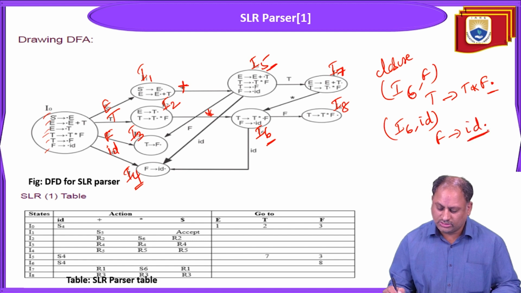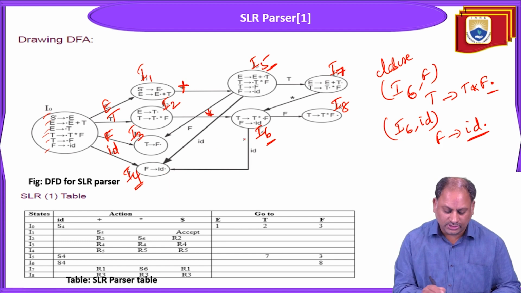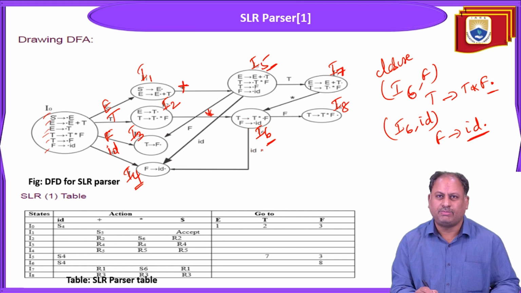This also reaches the end, so we can stop this one. But F derives ID dot is the same as I4.